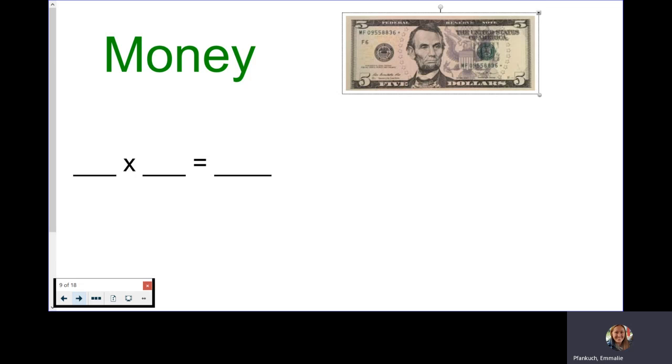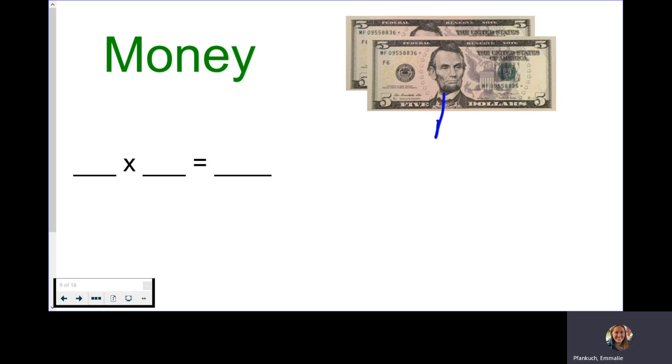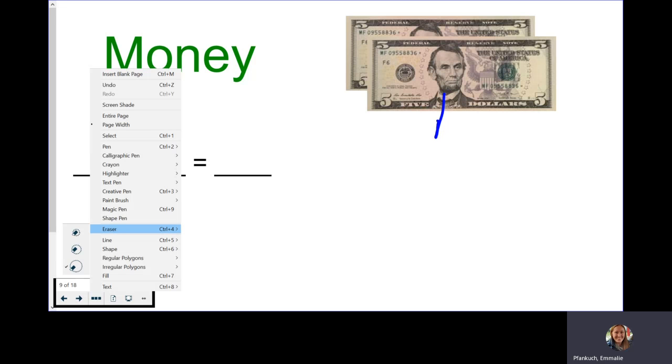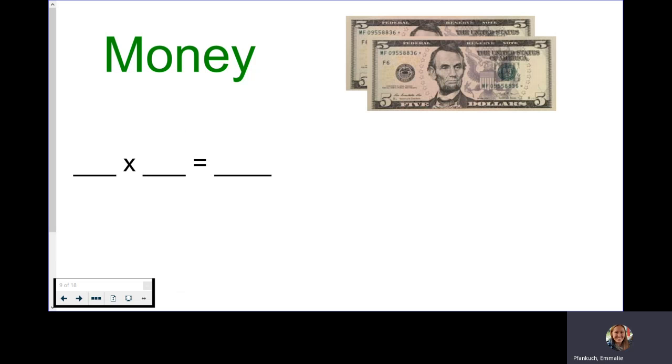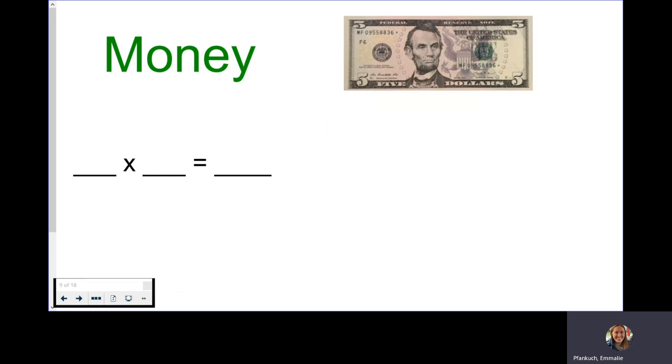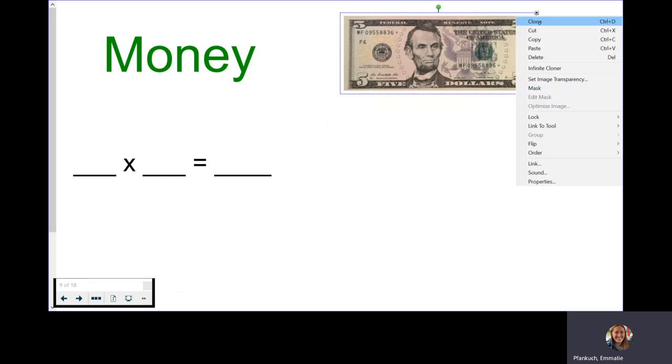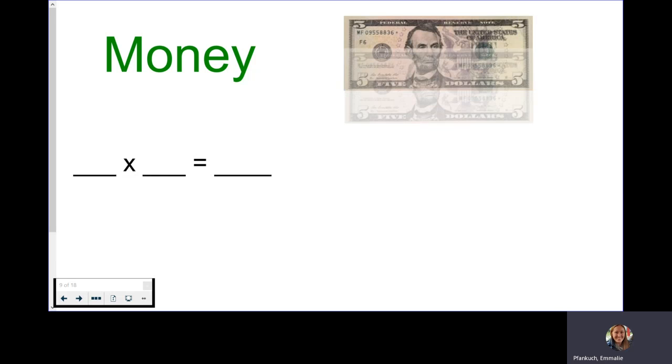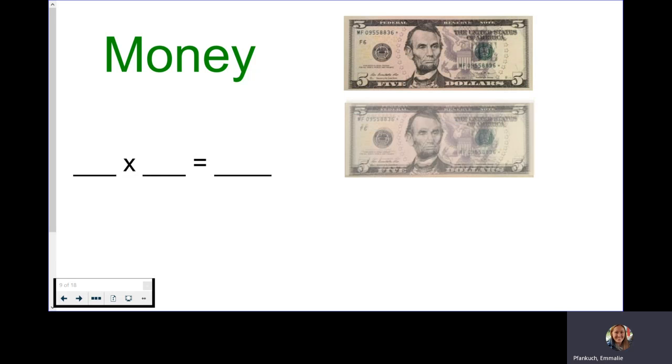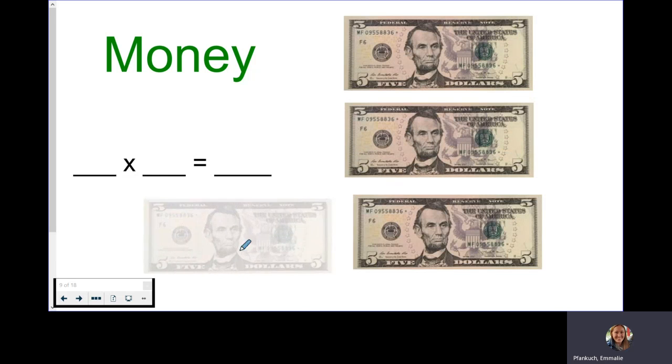And here I have a $5 bill, which is worth $5. And we're going to get some extra money here. Now I have 2 $5 bills. 5, 10, 15, 20.